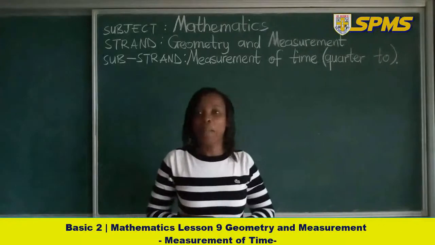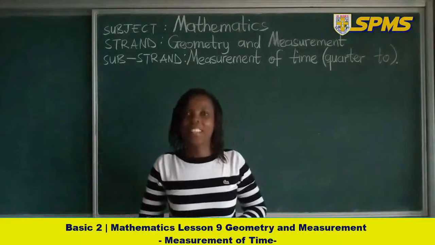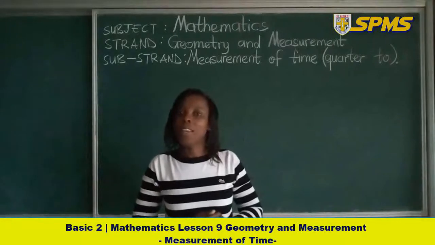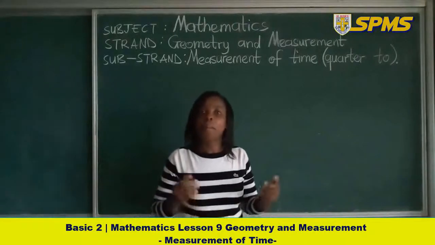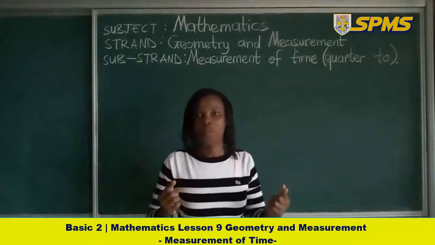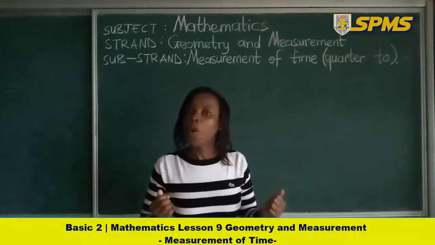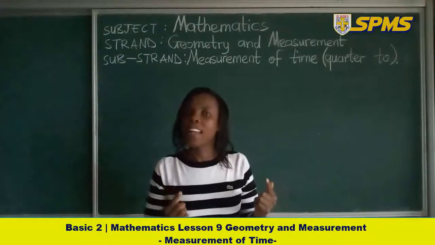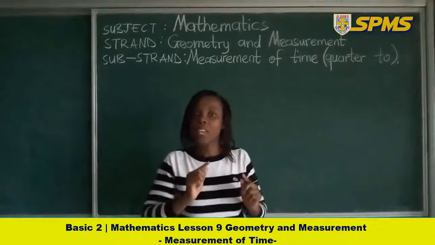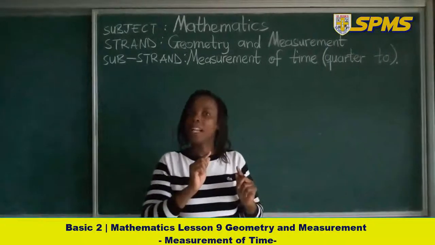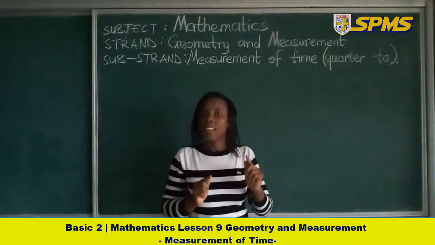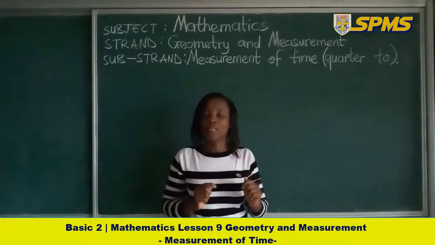How did we tell the time today? Yes, we said we were going to tell the time by 1:45. Hope you observed how the minute hand and the hour hand were moving from each number to the other. Good.